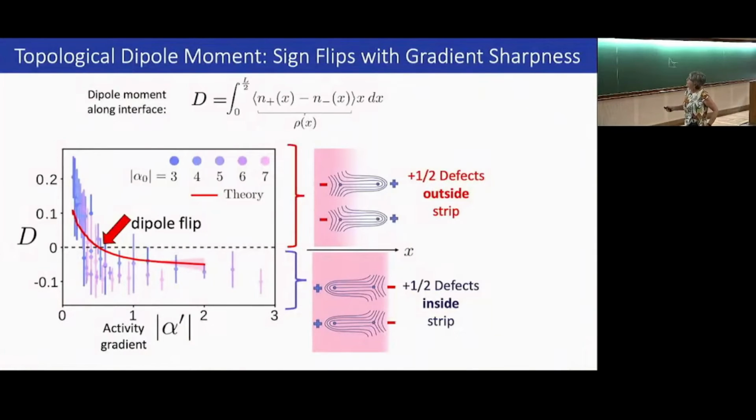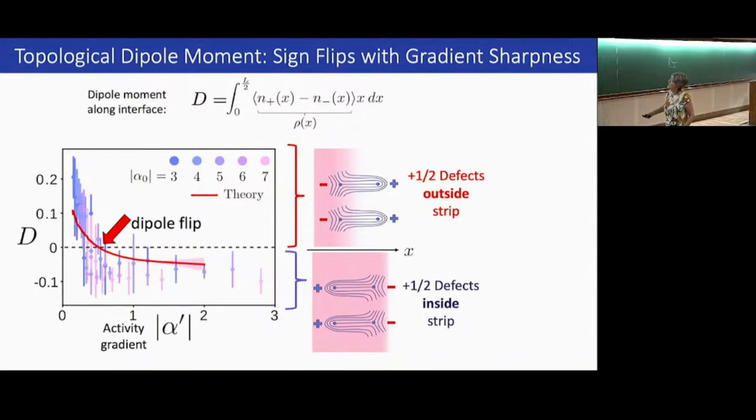You can quantify this by measuring the topological dipole moment, the difference between plus and minus charge integrated over half a strip. And that quantity is plotted here as a function of the activity gradient. What this shows is what we saw in the previous figures, essentially that the sign of this dipole flips.